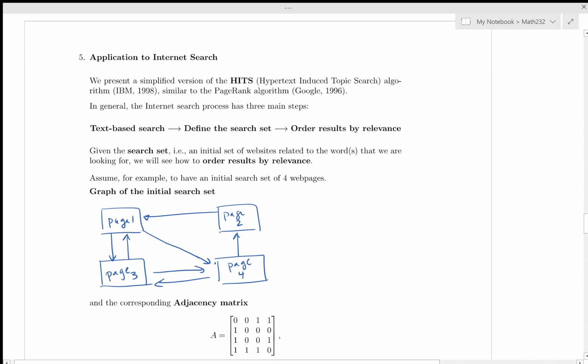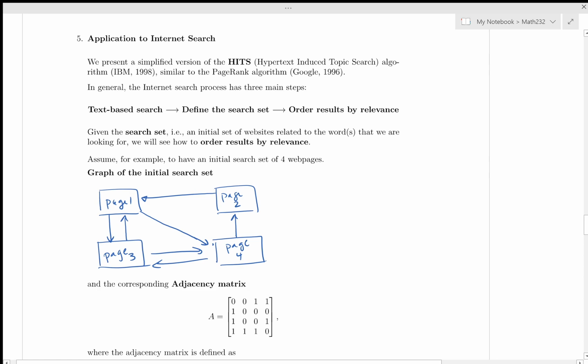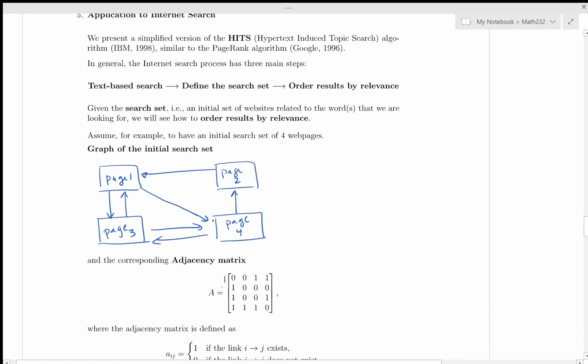Okay, and then we develop the adjacency matrix from that. I'm thinking here of these numbers as page 1, 2, 3, and 4 across the rows and columns. So when I'm forming A, this is the result of my text search, and I'm going to form a matrix to capture all of that information. It's an adjacency matrix. What does this mean? First of all, page 1 doesn't refer to itself, so there's a 0 here.